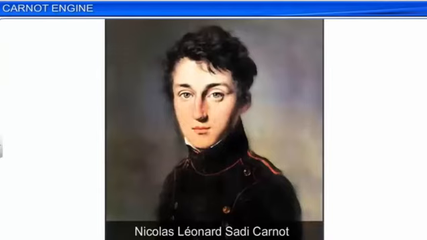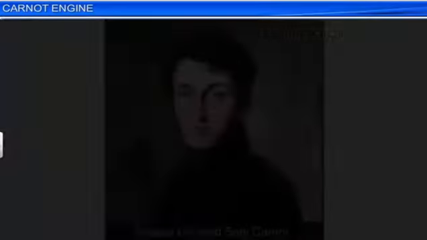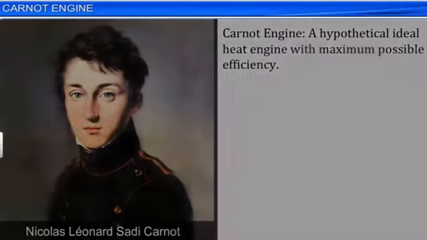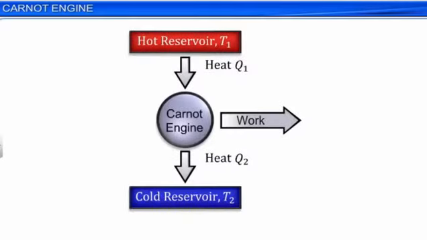Much before the concepts of thermodynamics were established, Nicolas Léonard Sadi-Carnot, a French physicist, proposed a hypothetical ideal heat engine that works with maximum possible efficiency. A hypothetical reversible heat engine operating between two temperatures is called a Carnot engine.